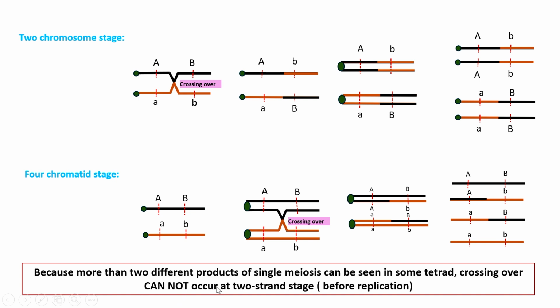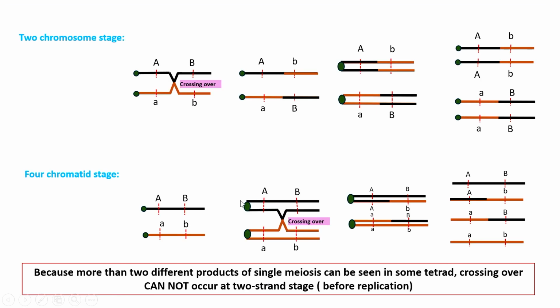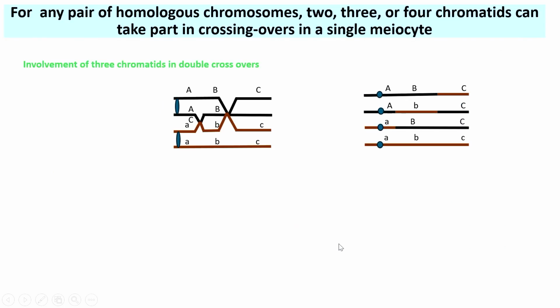The crossing over cannot occur at the 2 chromosome stage. So, for any pair of homologous chromosomes, we already learned that crossing over takes place when replication has already happened, when we have the sister chromatids present. Now we want to know how many sister chromatids are actually involved in this process.